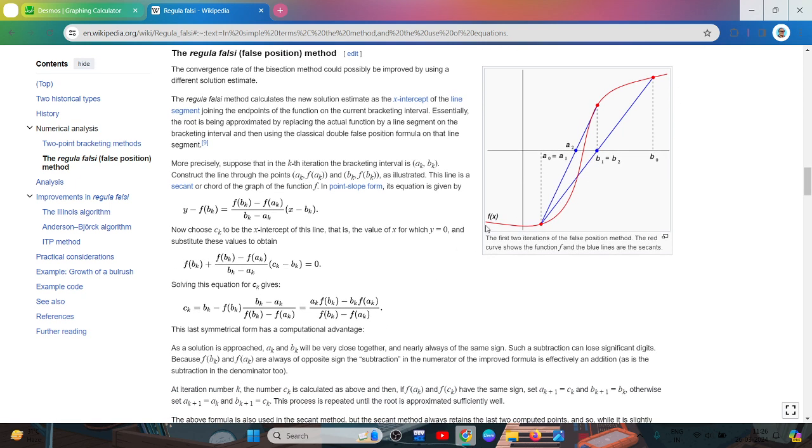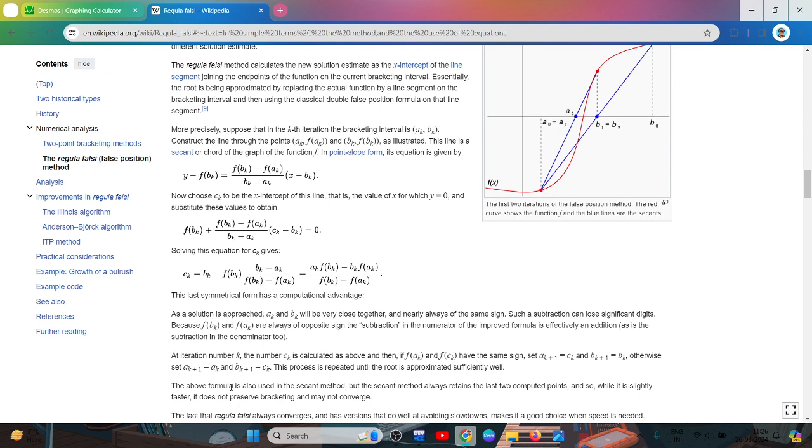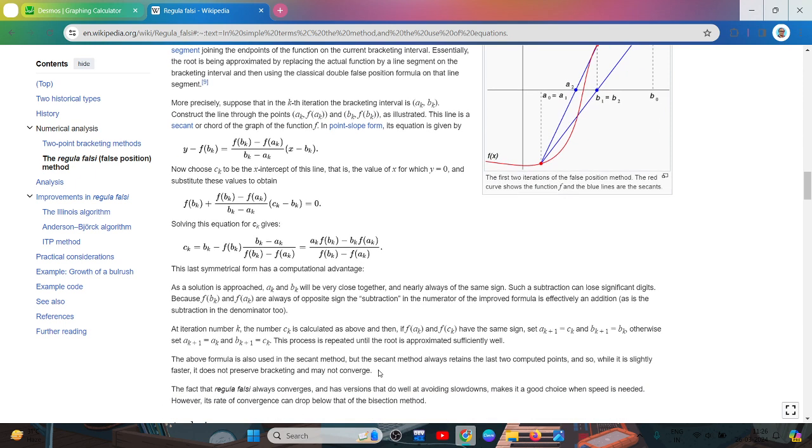Now we find the values of f a0 and f x1. We call this point a0, this point b0, and this point x1. So if f a0 into f x1 is negative, then we write this as the new a1, this point a0, and the new b1, this point. So this is the point a1 and this is the point b1.